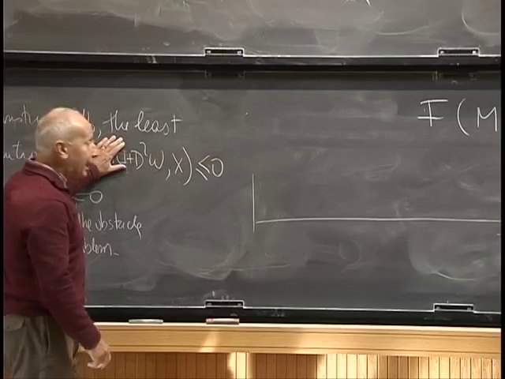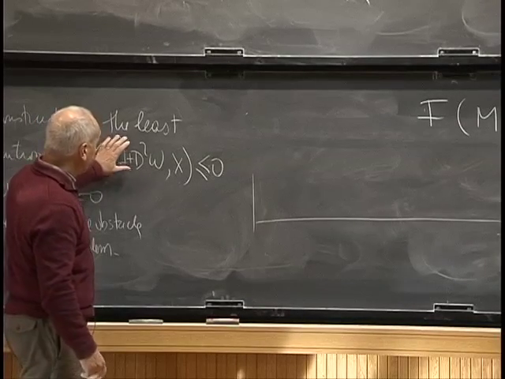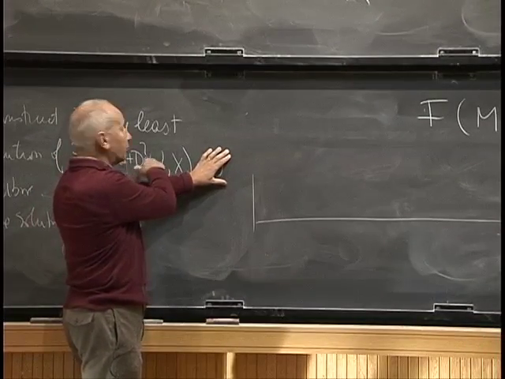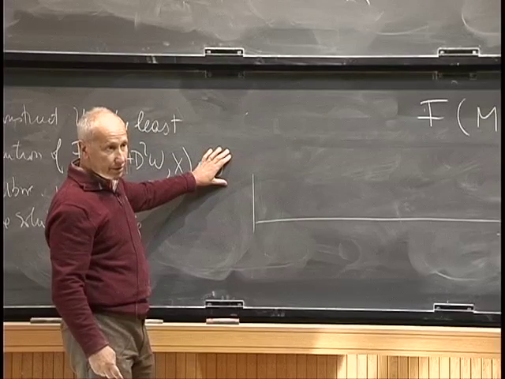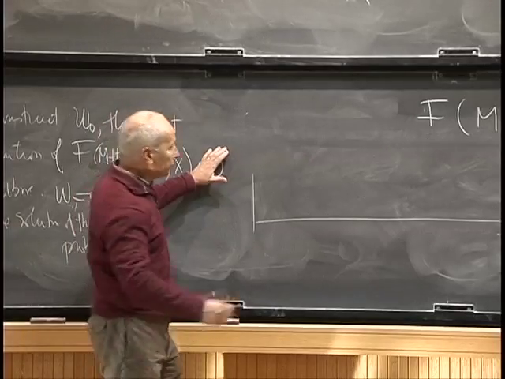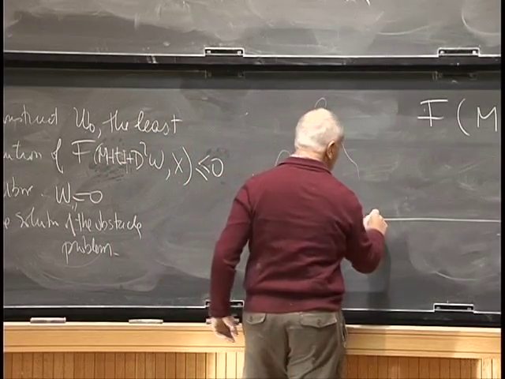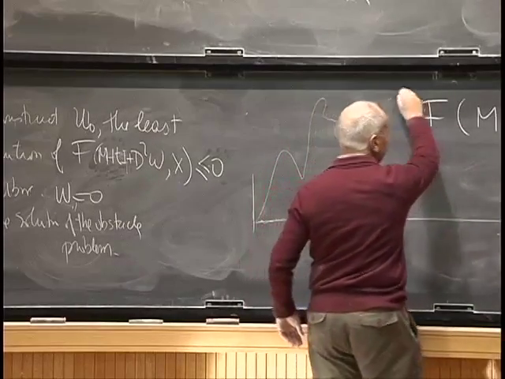And when t is very large, to be able to make this equal to 0, the D squared of W will have to become very negative. So W will be very concave. And most probably will touch the obstacle very little. It may touch over here somewhere, but it's going to lift immediately and it's going to be very concave.